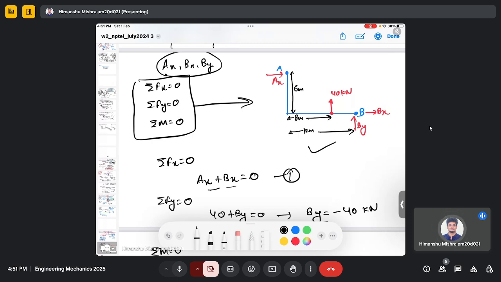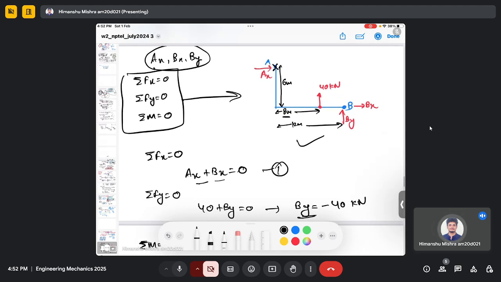Here I choose to take moments at point A, which means for the 40 kilonewton force I have a perpendicular distance of 8 meter to point A, and for By my perpendicular distance is 12 meter from point A. There is no moment due to Ax.